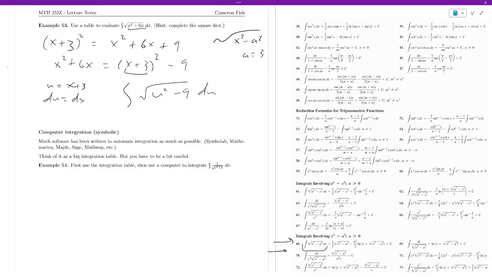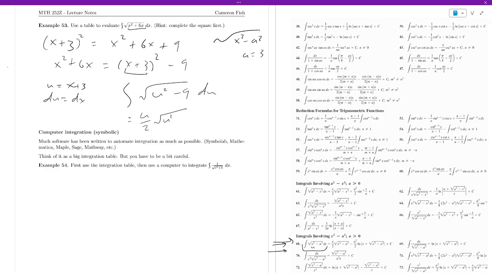Okay, so now I can identify this as exactly our integral number 68 over here, where x is u, that's fine, that's just another variable, and a is 3. So according to that, this is going to be equal to u over 2, and it's important that I'm using u here, right?